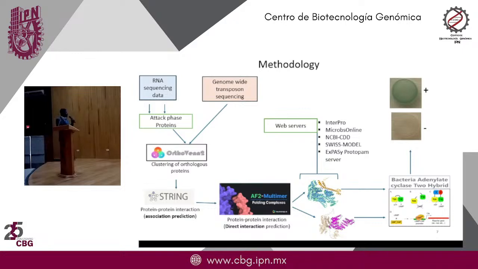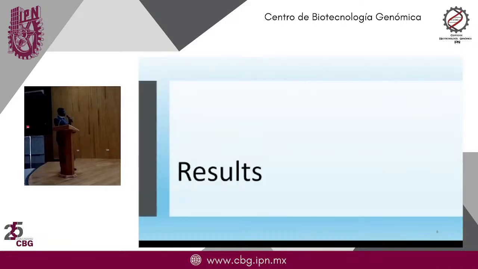Then we did experimental confirmation of these protein-protein interactions using the bacterial adenylate cyclase two-hybrid system, and we had experimental positive or negative results. If the interaction was positive, it showed a blue color on X-gal IPTG plates supplemented with antibiotics. So we show our results here.